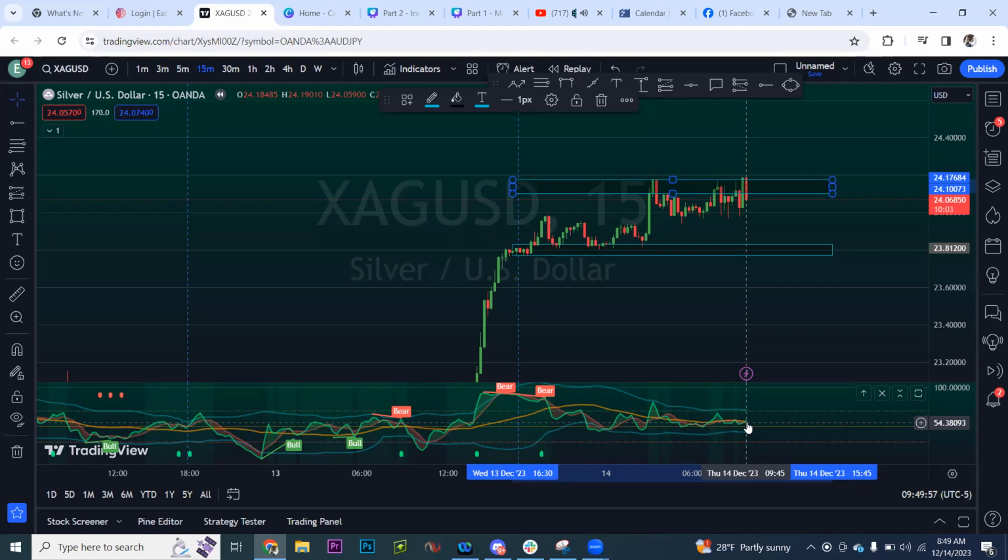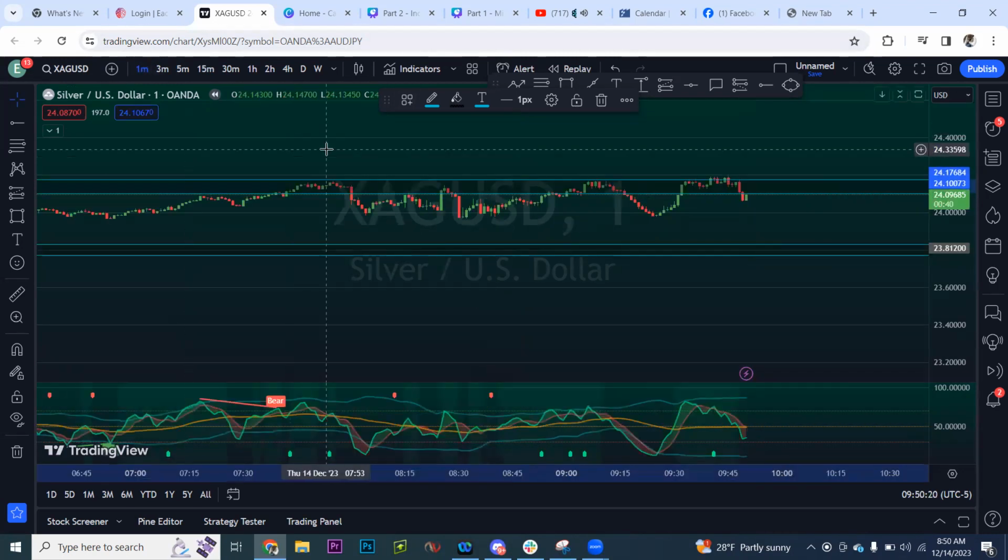All right, so 15-minute time frame. It's a squeeze. There's going to be an explosion, a big move. Since it's here, you can easily just be patient and wait for which band it breaks. Take it in that direction. So if it breaks the bottom one, take it down. If it breaks the top one, take it up. You can go to the lower time frames to see what it's actually doing now.